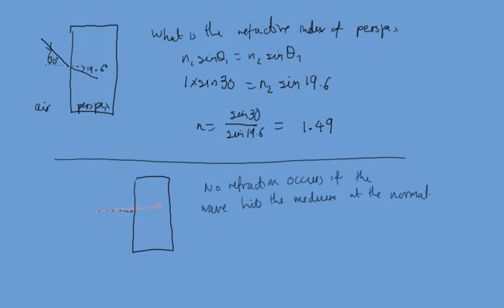Now, let's consider our wave equation. V equals f lambda, and we've said that at the boundary, the frequency remains constant, and there's some quite complex physics involved in understanding why the frequency would remain constant, and it's to do with the electromagnetic fields of light and how they interact at the boundary.